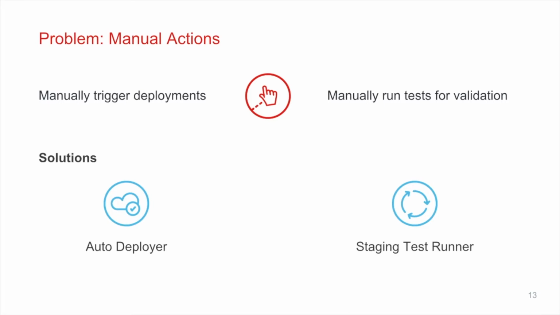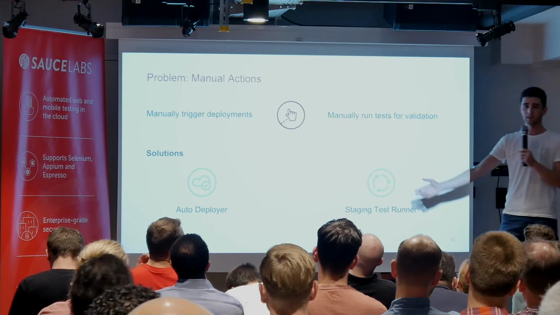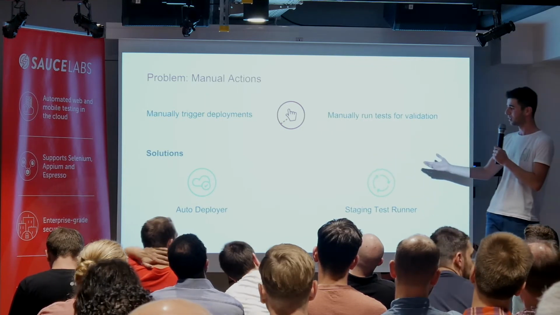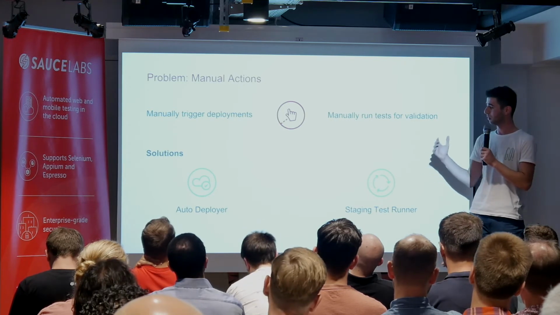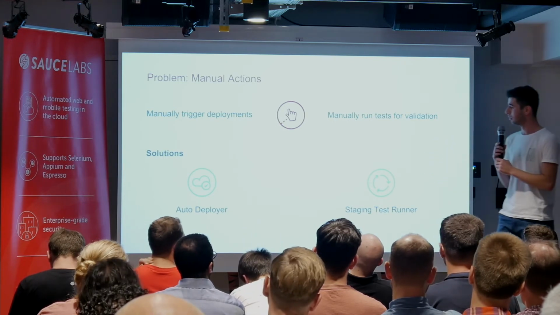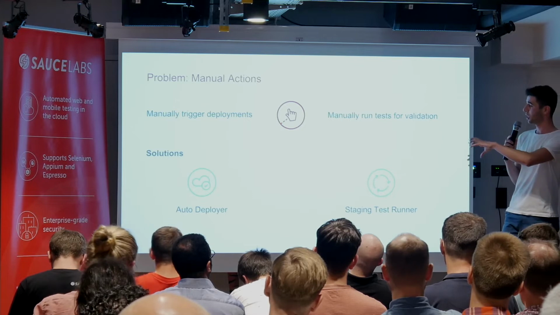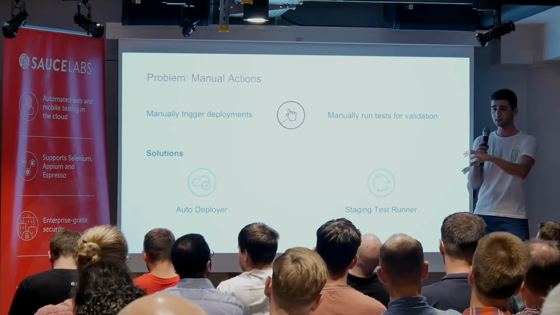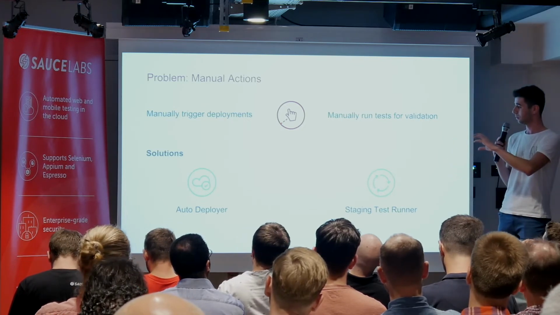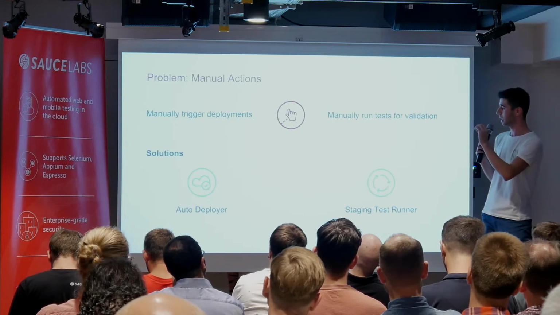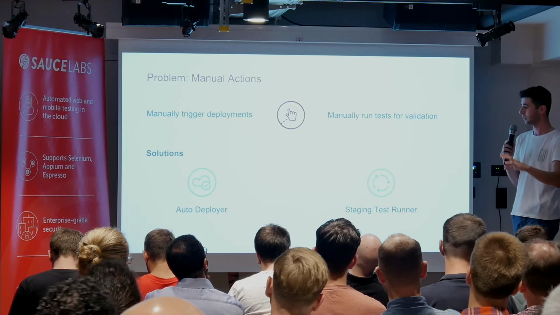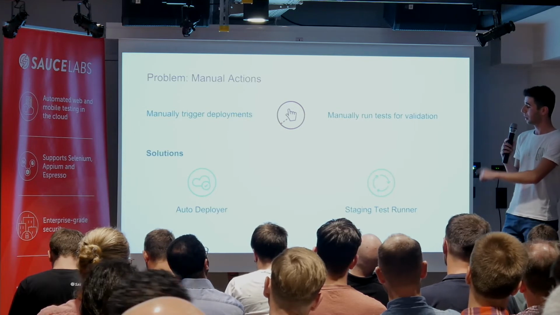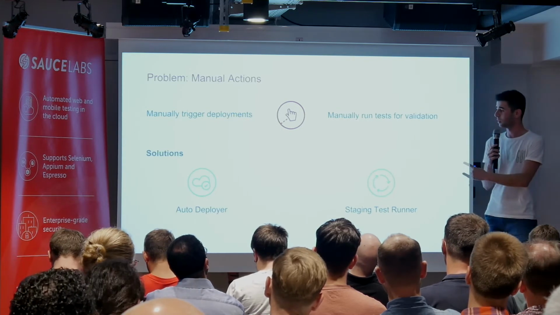So the solution for that was auto-deployer. Auto-deployer, we invented that, is just a simple Jenkins job which pulls for changes from GitHub. Whenever something is new, we make a release, we run some unit tests and component tests, which must be 100% successful, and after that we deploy it to staging.